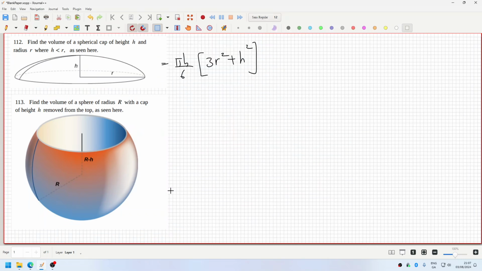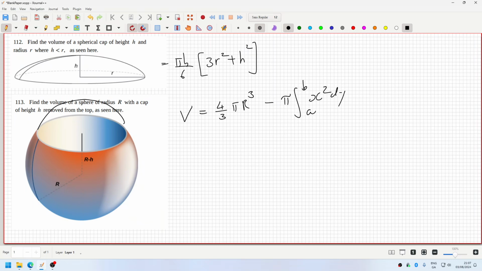So the volume here will be the sphere, 4 over 3 pi r cubed, minus pi, integral from a to b of x squared dy, where that's the cap's volume. Just rotate it around to calculate this volume, but remove it from the total. So it's just a repeat of the last question.